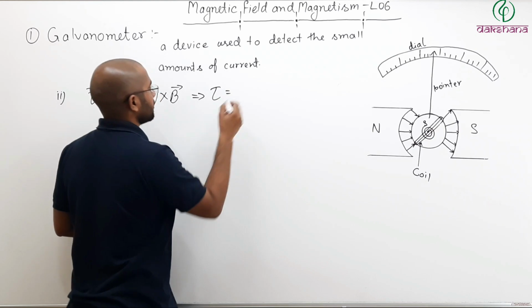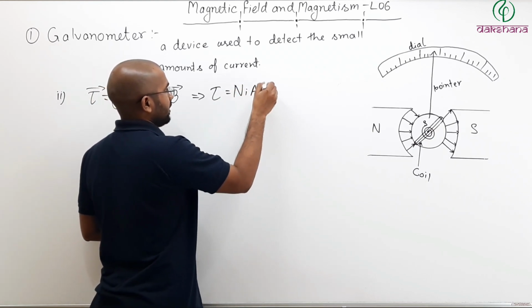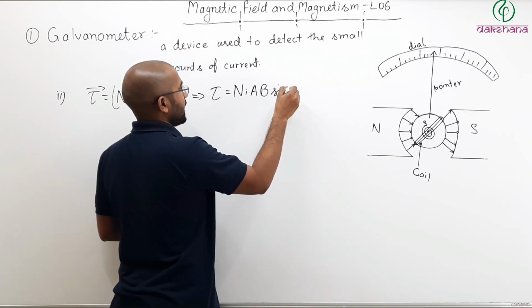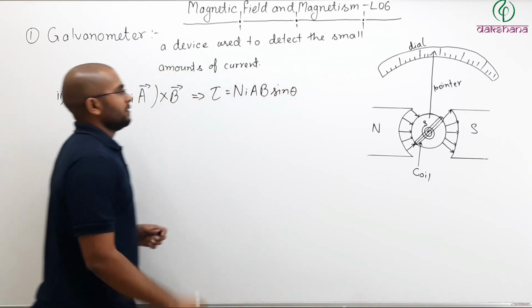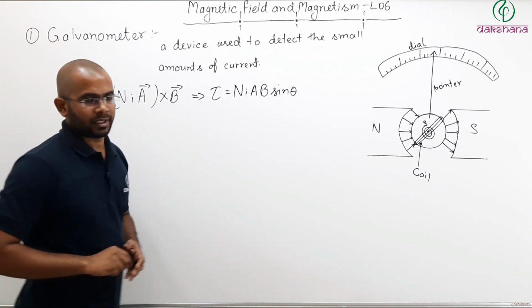Magnitude of torque is nothing but N I A B sine theta, where theta is the angle between area vector and magnetic field vector.